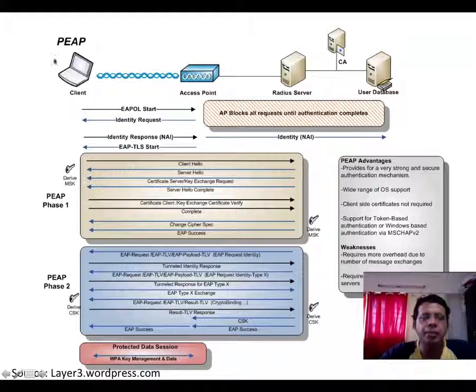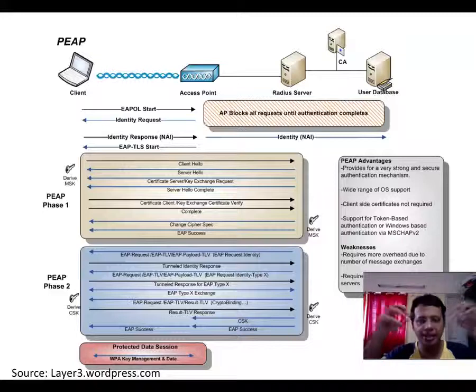Anyway, very broadly, what happens is that before the client sends any of its credentials using MSCHAPv2, a TLS tunnel is created. This is an end-to-end tunnel between the RADIUS server and the client, facilitated via the access point, which ensures that everything going between them is encrypted. Within this encrypted tunnel, MSCHAPv2 is actually used as the protocol to authenticate the user on the wireless client to the RADIUS server.